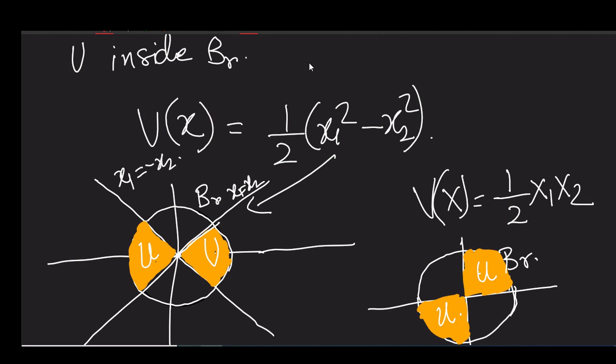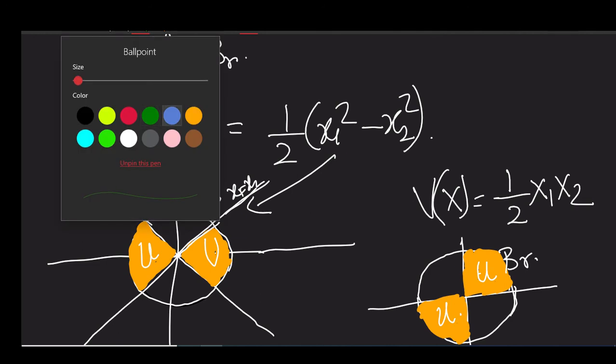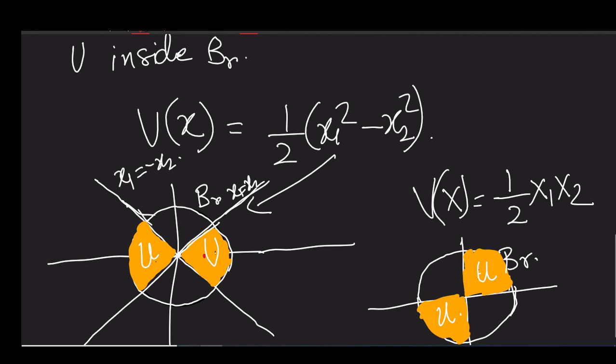So on all these two lines, your V is 0 along these lines. So if your trajectory starts here, then it cannot go in this way.